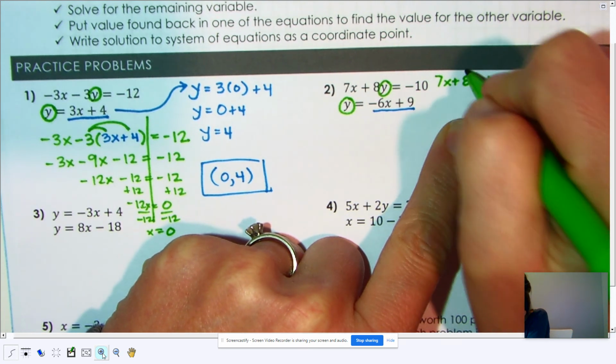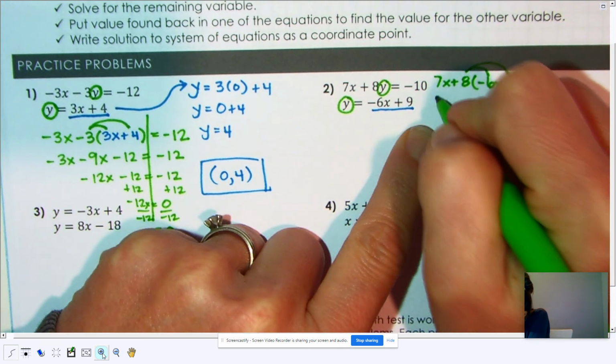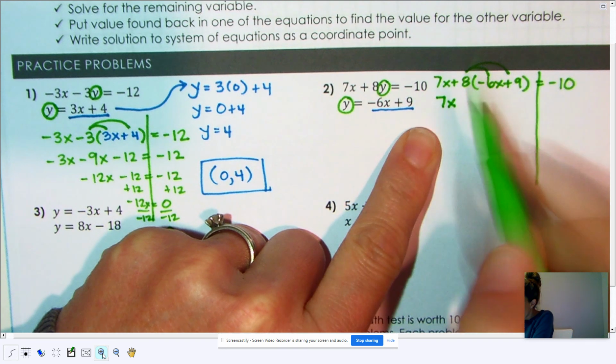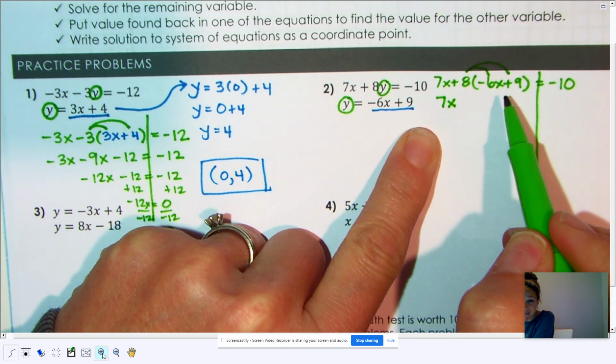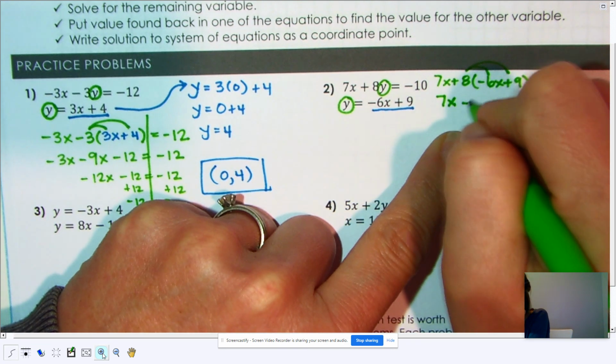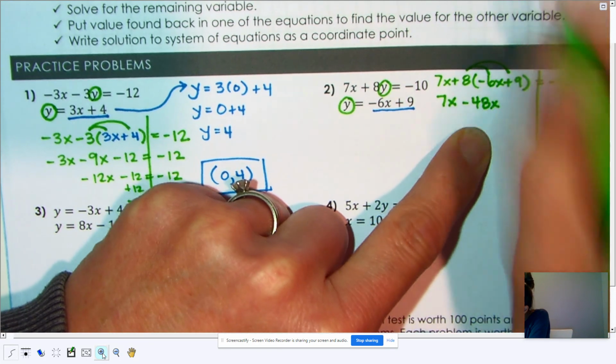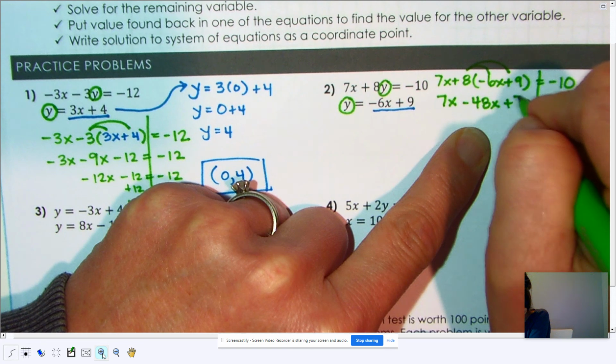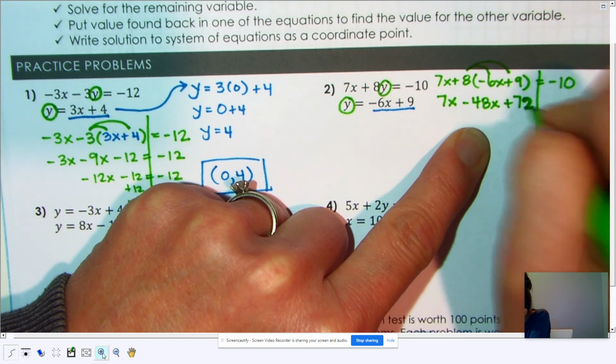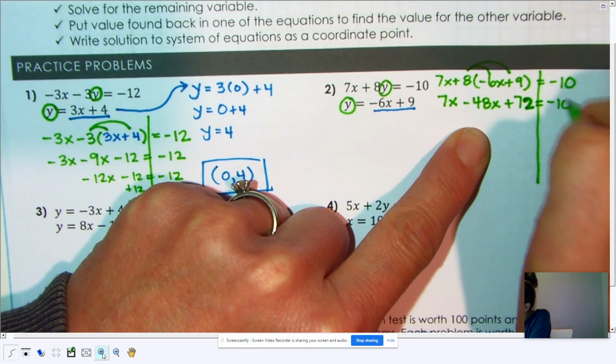Okay, so we're going to distribute. So I have 7x. Now I have a positive 8 times a negative 6x. So that's going to give me a negative 48x. Then I have 8 times 9. Both of those are positive, no x's. So I'm just going to write 72. Whoops. And then equals negative 10.